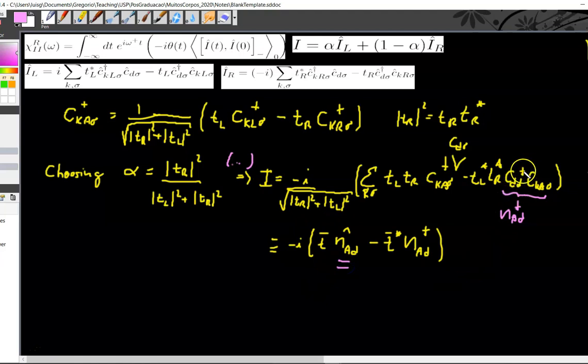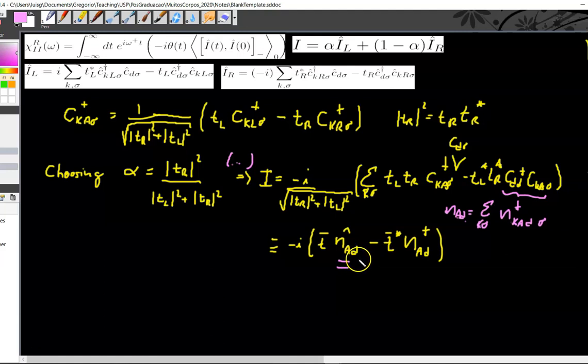There's a sum over sigma here, so N_{Ad} is the sum over sigma of this, and a sum over k as well, because this has another index. There are many indices here.